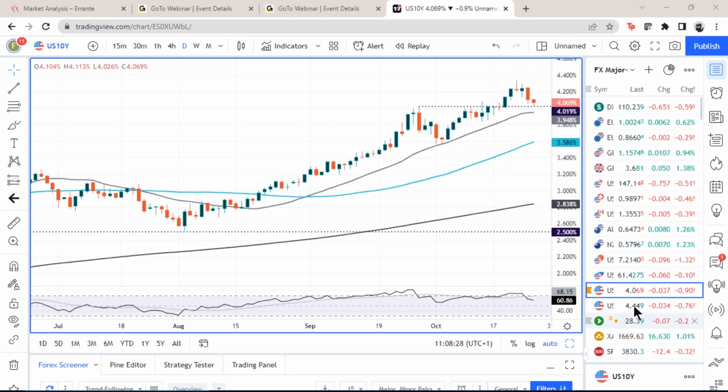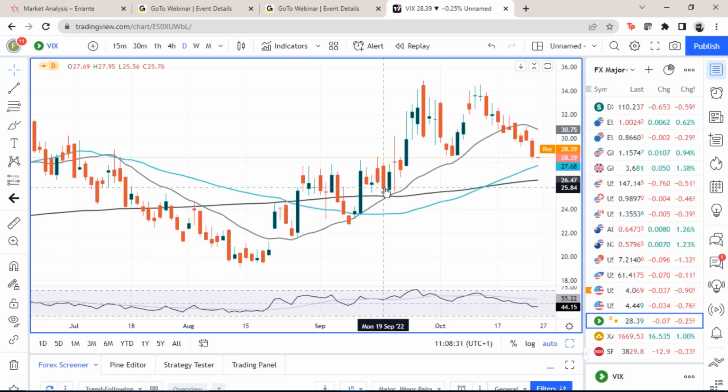Should point out, of course, that volatility does remain still fairly high. If we look at the VIX, this is the volatility index, Wall Street's fear gauge, generally known as options prices basically on S&P 500 out for 30 days. And you can see that's still really obviously off the highs around 34, but still sort of hovering just below 30, still elevated.